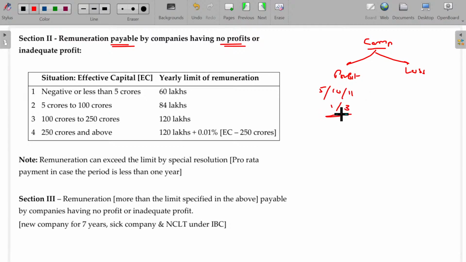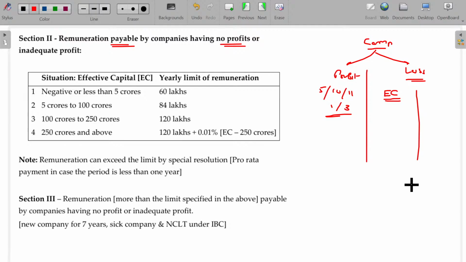These are the numbers you have to understand. If the company is not having any profit, or is a loss-making company, or profit is insufficient, then what happens? We now consider the capital employed, the effective capital. So based on the investment made by the company, the remuneration is going to be fixed.